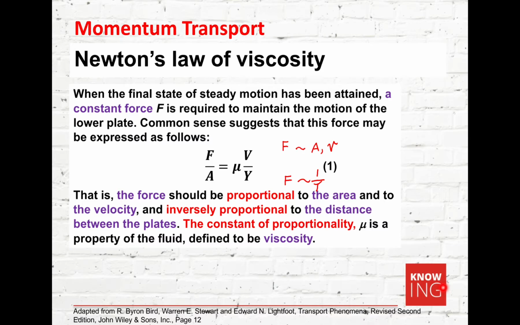By using these, we can derive this formula: F over A is equal to a proportionality constant multiplied by the velocity divided by the distance between the plates. The constant of proportionality is defined as the viscosity, which is normally defined as the physical property that characterizes the resistance to flow.